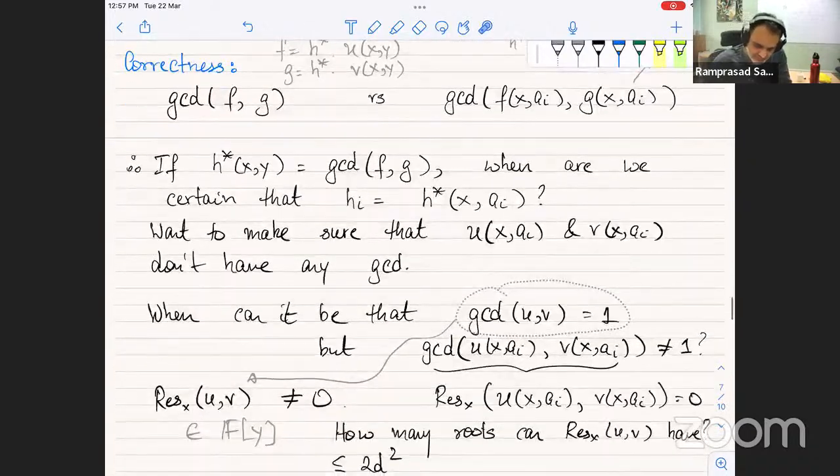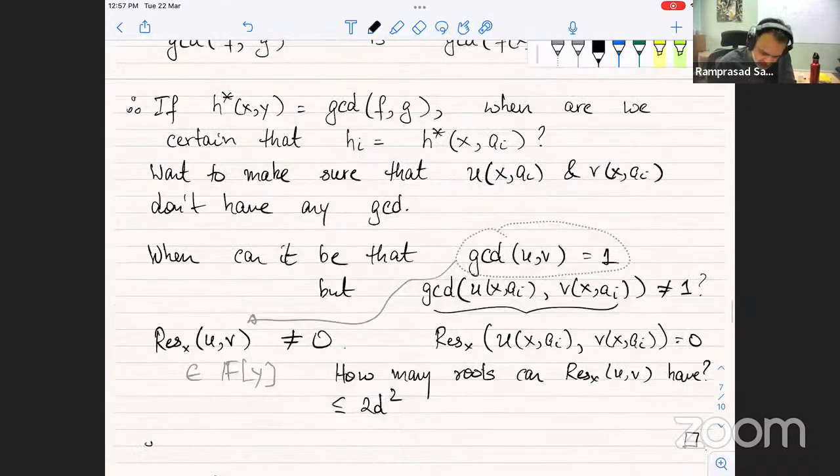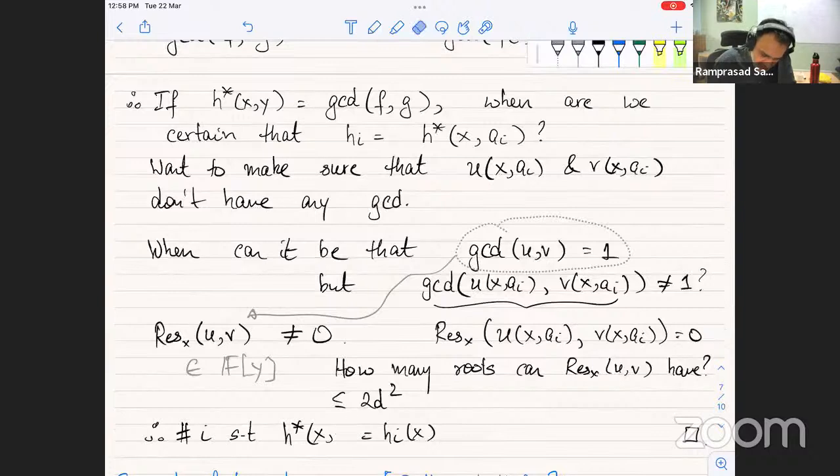Okay, which means, therefore, the number of i such that h star of x comma ai is equal to hi of x is at least t minus 2d squared. 2d squared of these points could have been bad, but if you ignore those 2d squared points, then you know for a fact that you are indeed talking in terms of the true GCD.